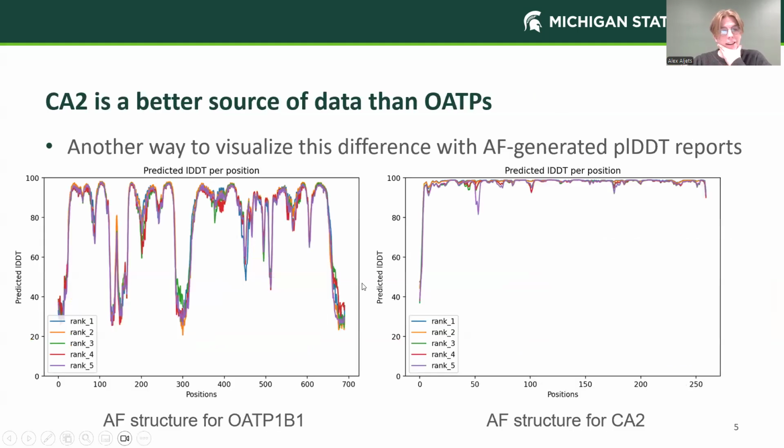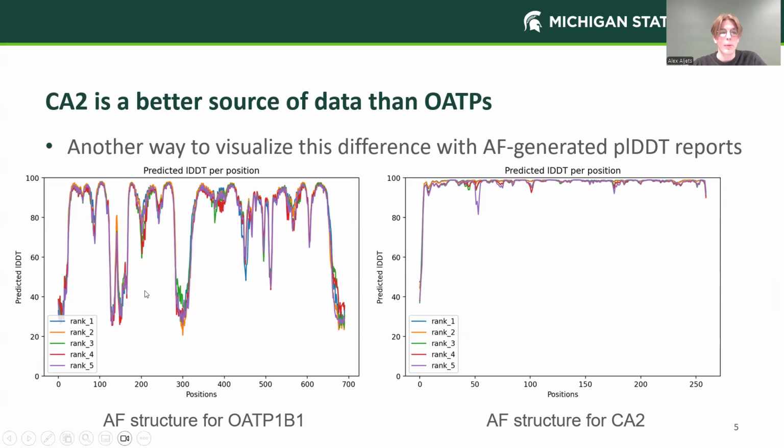A more quantitative way to say that is with the pLDDT reports from AlphaFold, which is basically just how confident AlphaFold is in the position or its projection of the structure.